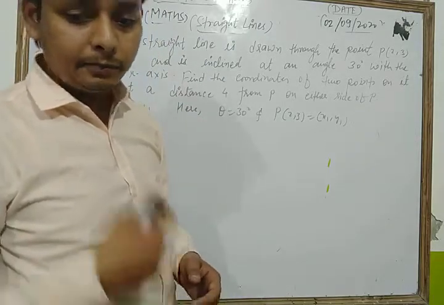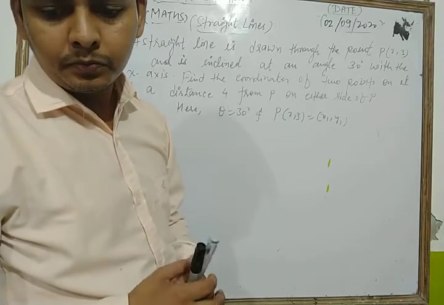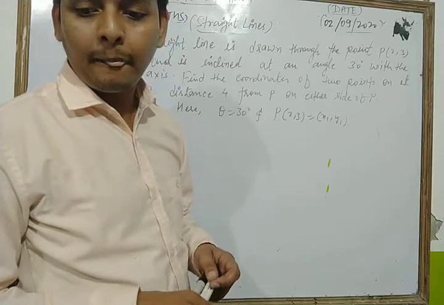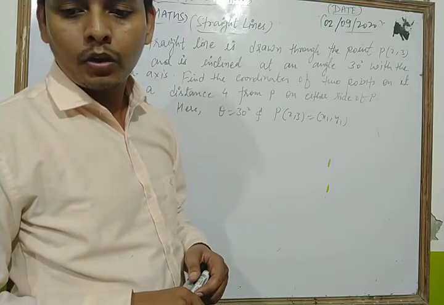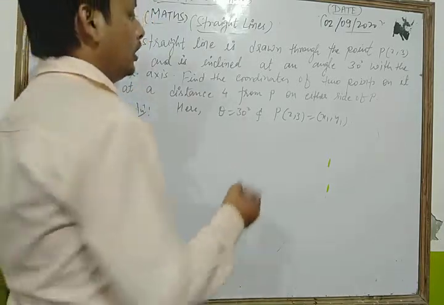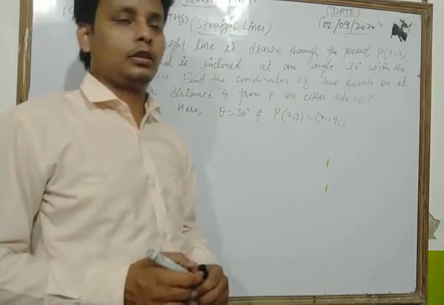The distance r: it is at a distance 4 from P on either side. Find the coordinates of 2 points on it.